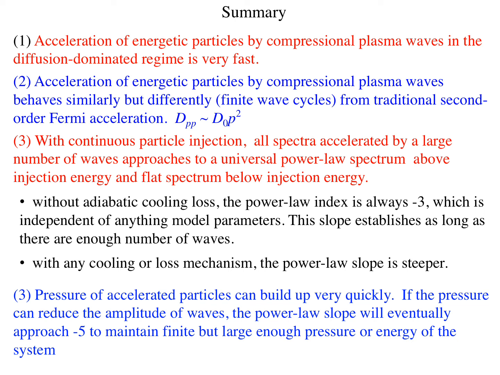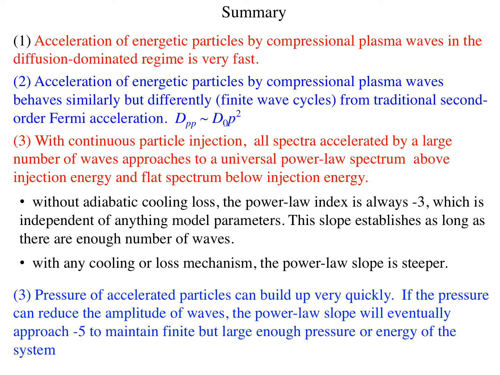With continuous particle injections, like pickup ions, all spectra will try to establish a power law distribution function without adiabatic cooling. The power law index will approach minus 5. However, if there are cooling mechanisms, the spectral slope will be steeper.